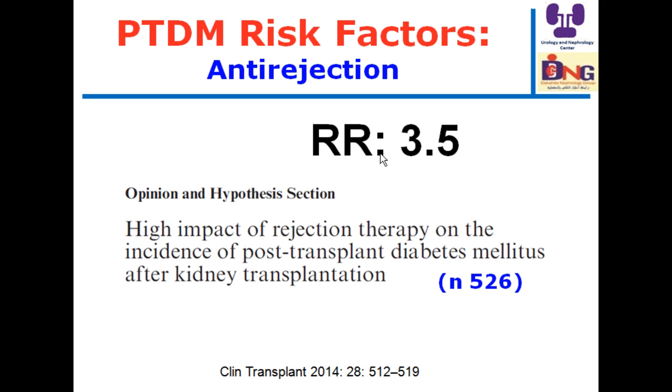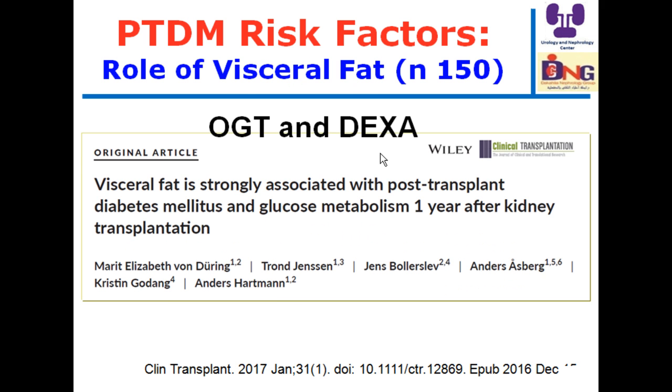So this is the sector of immune suppression and its relation to diabetes. What about the visceral obesity, visceral fat? Visceral fat is strongly associated with post-transplant diabetes mellitus and glucose metabolism 1 year after kidney transplantation. Here, glycemic state was assessed by oral glucose tolerance, and the fat was assessed by DEXA scan.